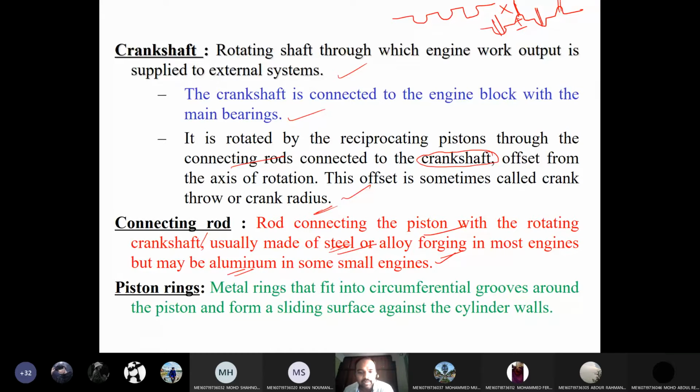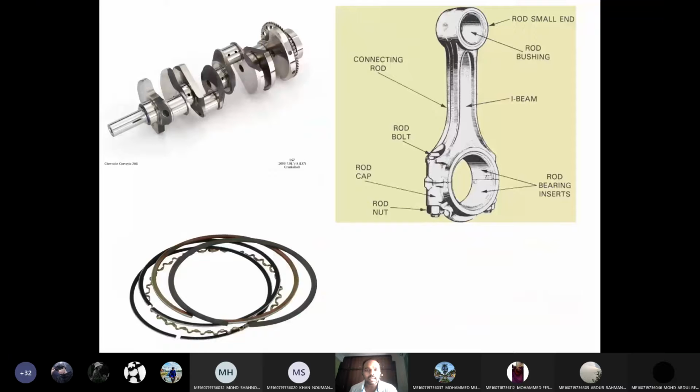And piston rings, these are the metal rings that fit into the circumferential grooves around the piston and form a sliding surface against the cylinder walls. Okay, these are the cylinders. Now we can see this is the crankshaft. So how many pistons can be connected with this crankshaft?